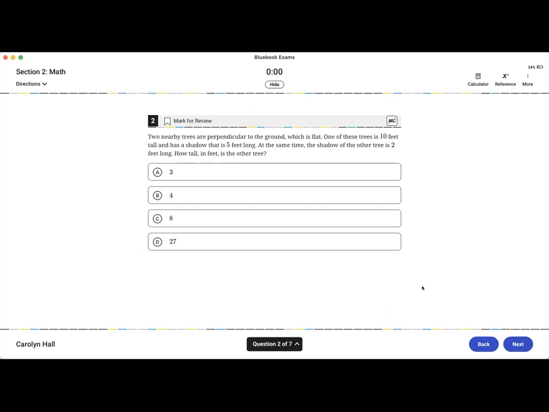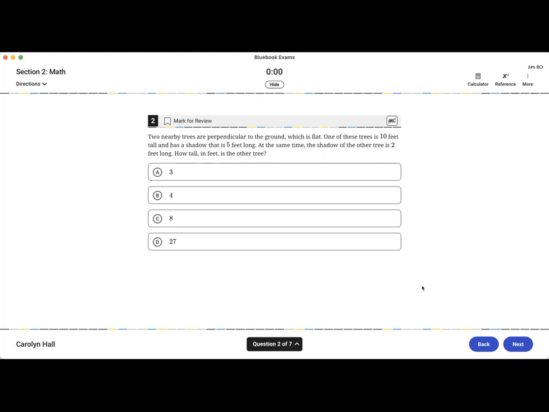Number 2: two nearby trees are perpendicular to the ground, which is flat. One of the trees is 10 feet tall and has a shadow that is 5 feet long. At the same time, the shadow of the other tree is 2 feet long. How tall in feet is the other tree? To solve this problem, I highly recommend you draw 2 right triangles on your scratch paper. The first one having the tree being 10 feet and the shadow across the ground being 5 feet.